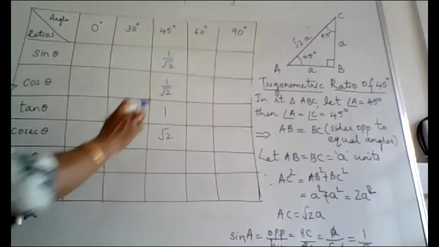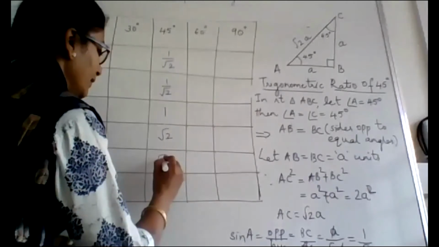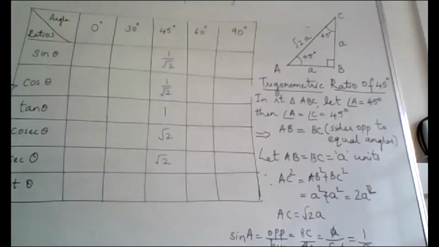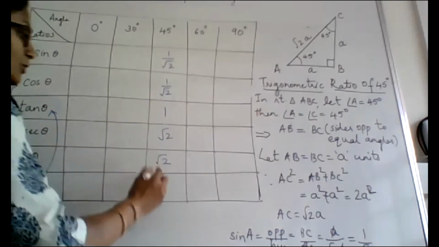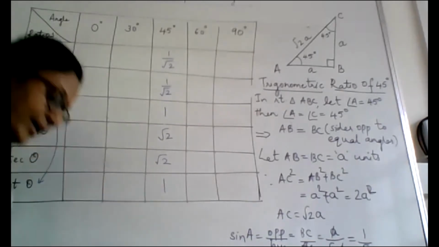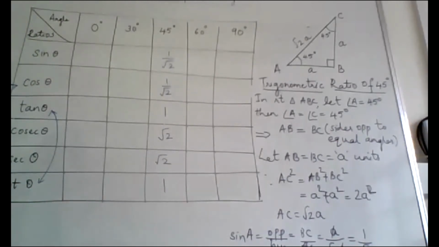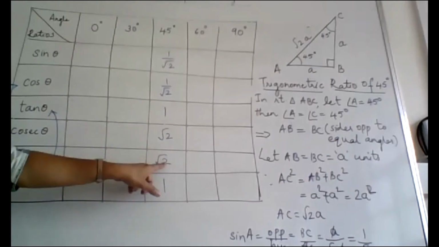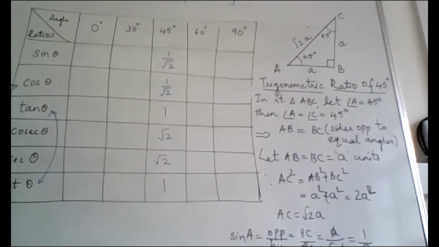So the reciprocal of 1 by root 2 will again be root 2. And I know tan and cot are reciprocal ratios. Cot of 45 will be equal to the reciprocal of tan 45, and the reciprocal of 1 is 1 itself. So I got all the 6 ratios for the specific angle 45: sine 45, cos 45, tan 45, cosecant 45, secant 45 and cot 45.